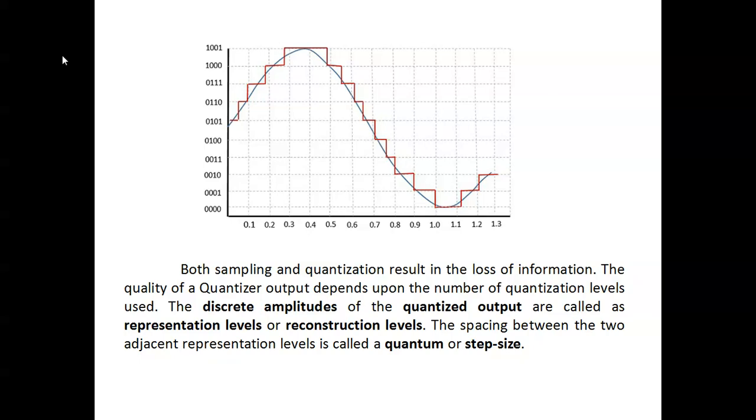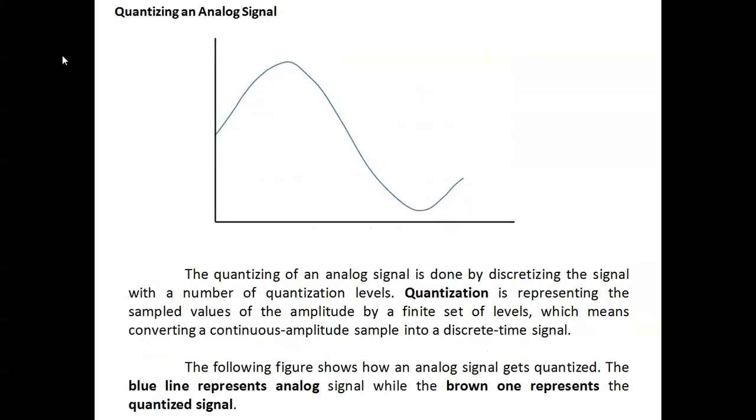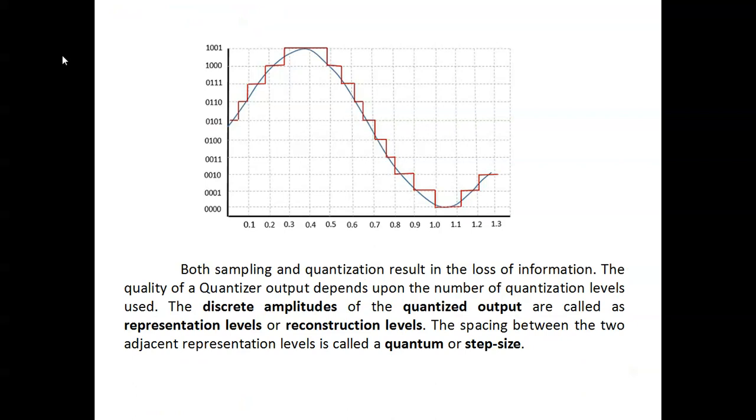Blue indicates the analog signal and brown represents the quantized signal. The discrete amplitude of the quantized output we call the representation level or reconstruction level.